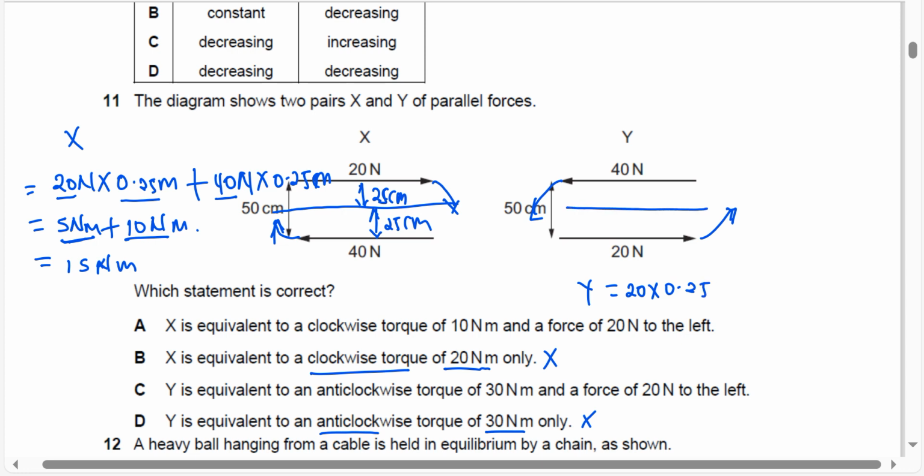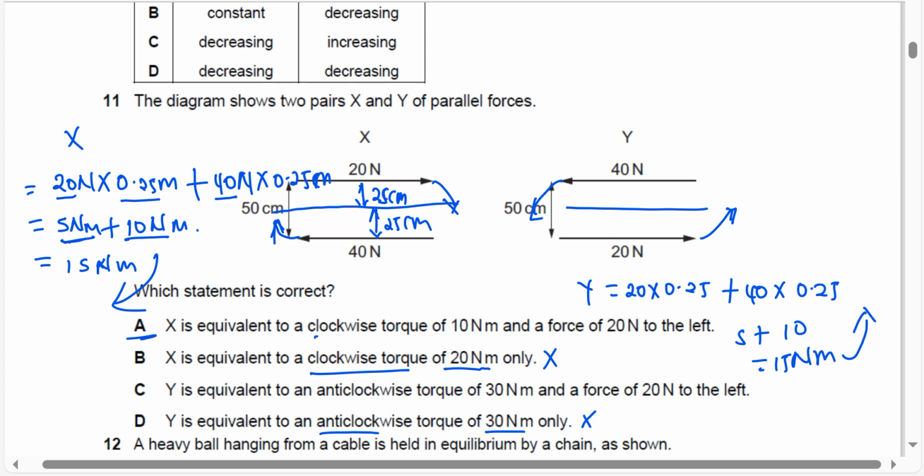I'm dividing 50 by 2. Then plus 40 times the perpendicular distance, which is 0.25. It is also going to be 5 plus 10, which is 15 Newton meters, but this is anticlockwise, yet the other was clockwise. So it is wrong to say Y is equivalent to an anticlockwise torque of 30 Newton meters only.